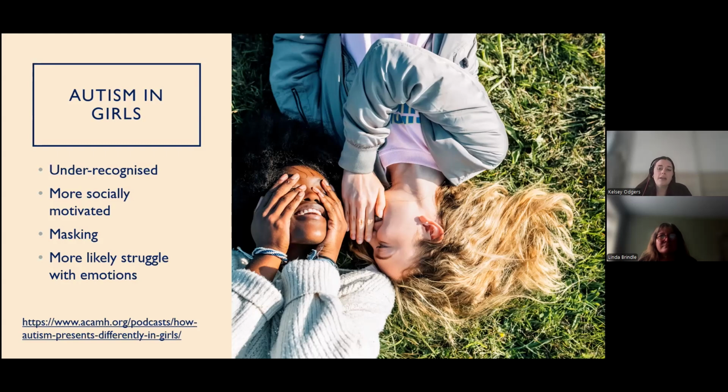And masking, we think, is more common in autistic girls than autistic boys, which can cause a significant amount of stress and anxiety for girls trying to cover up the fact that they're struggling. And again, lots of you alluded to that it's really exhausting when young people are masking. So that's something else that we wonder might lead to the undiagnosed autism in girls.